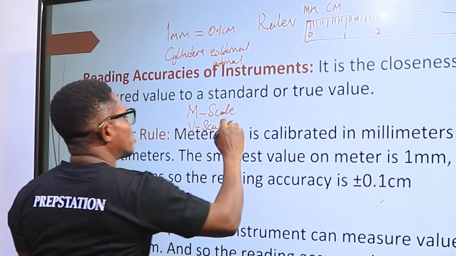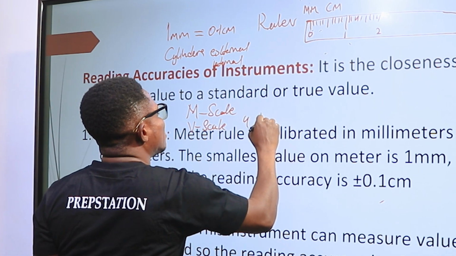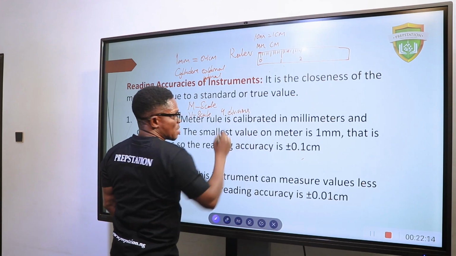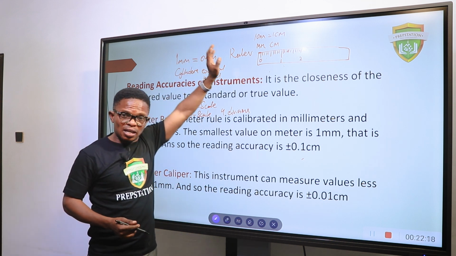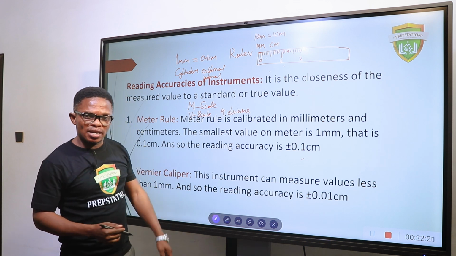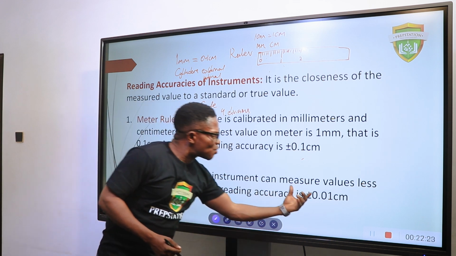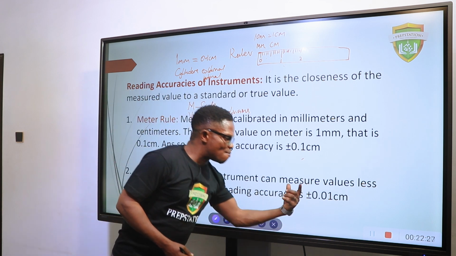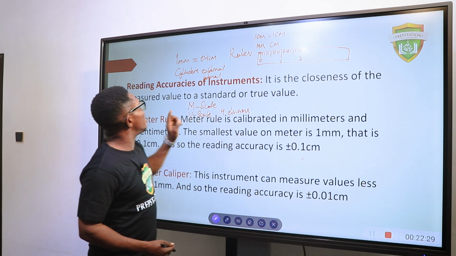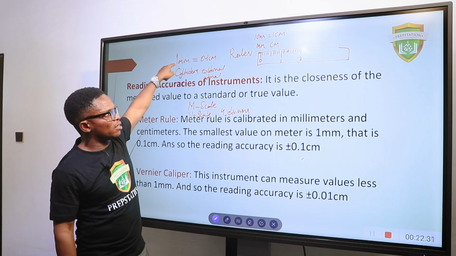The vernier scale is divided into 9 divisions, depending on the size of the vernier caliper. But whatever be the case, the reading accuracy of vernier caliper is 0.01 centimeter. That means it can measure a dimension less than 1 millimeter.